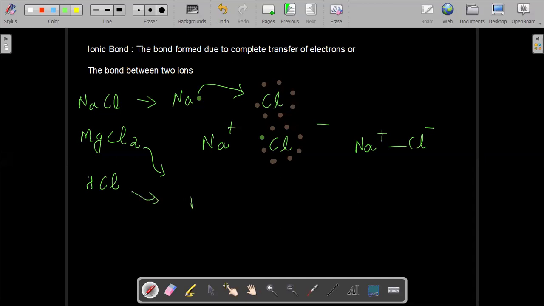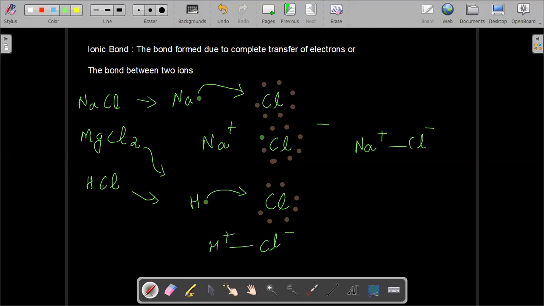Okay. Initially, hydrogen has 1 electron and chlorine has 7 electrons. So 7 electrons of chlorine: 1, 2, 3, 4, 5, 6, 7. Now if hydrogen transfers 1 electron to chlorine, hydrogen becomes H plus and chlorine becomes minus 1. So a strong ionic bond is set up between them.